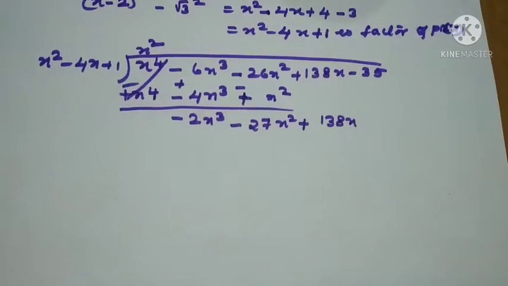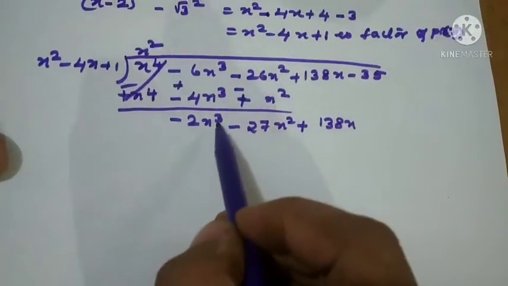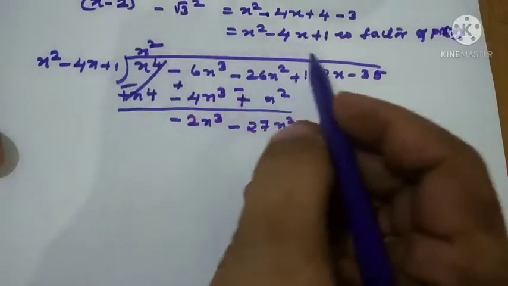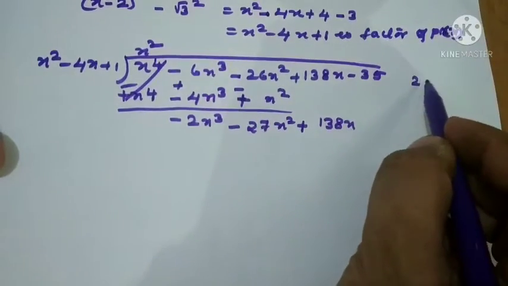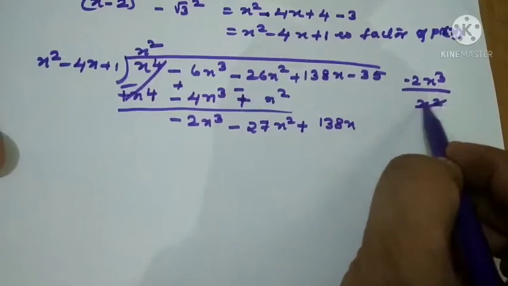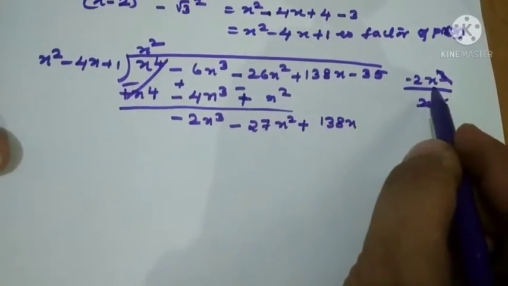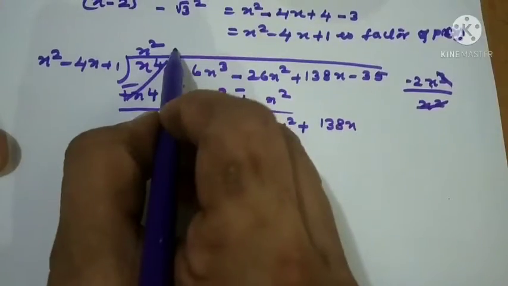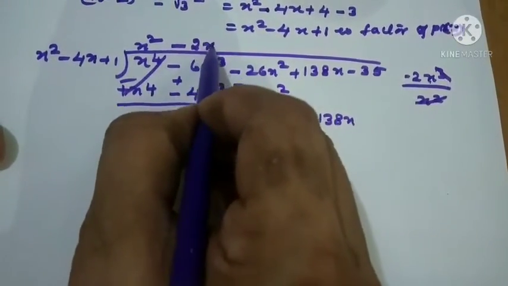So 138x we got, and now what is the next term? Minus 2x cube divided by x square. X square and x square we can cancel, so 1x is remaining with a minus 2 coefficient. So minus 2x I got.